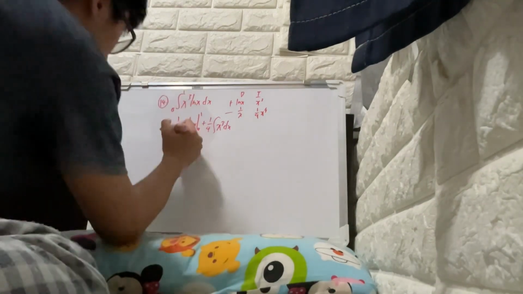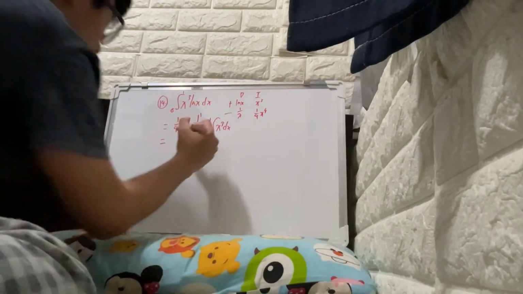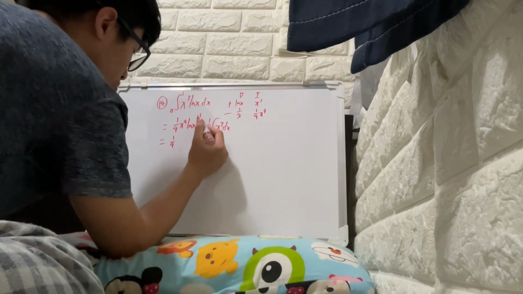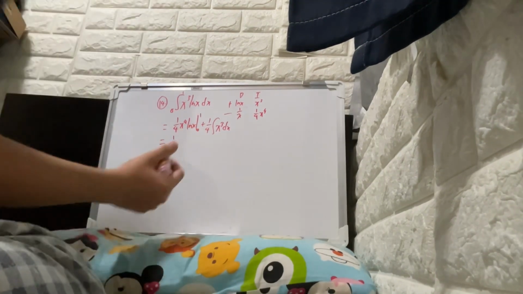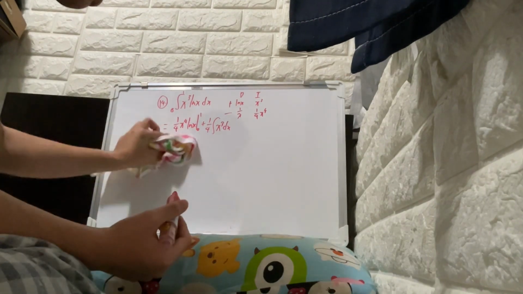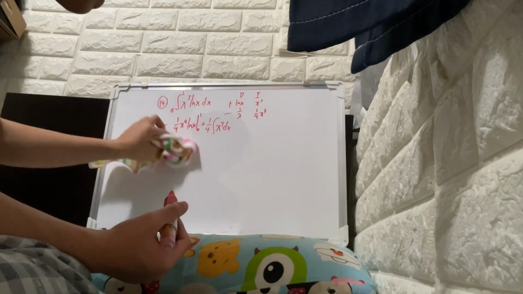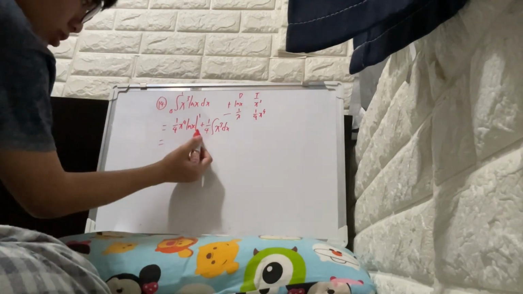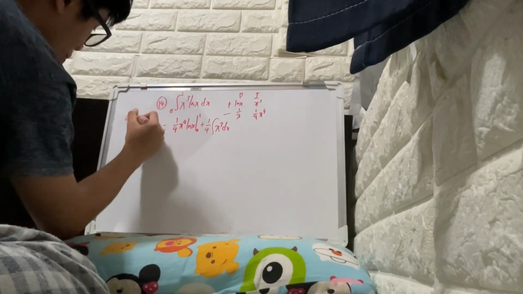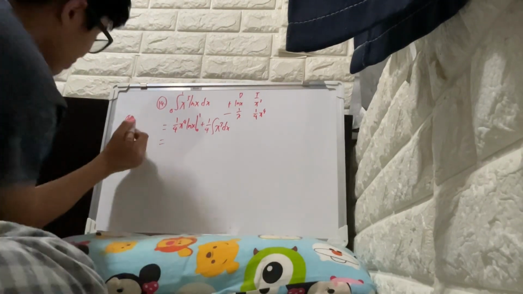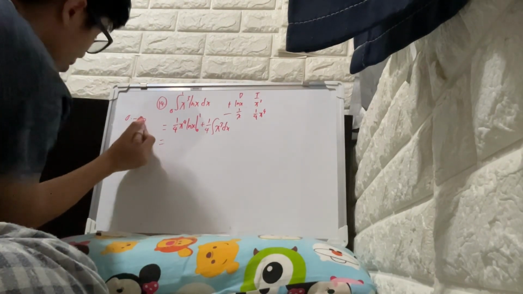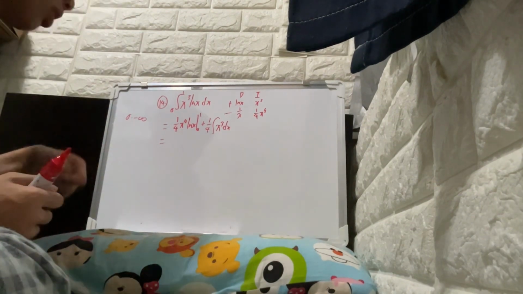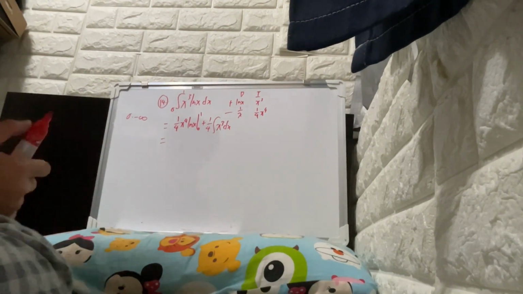So here we're gonna get 1 over 4, and then put 1 inside, you get 0. The first one you get 0, right? ln 1, and then subtract, and then put 0 inside, you get 0 times ln x, which gives negative infinity. 0 times negative infinity is an indeterminate form, so we're gonna do some more work.